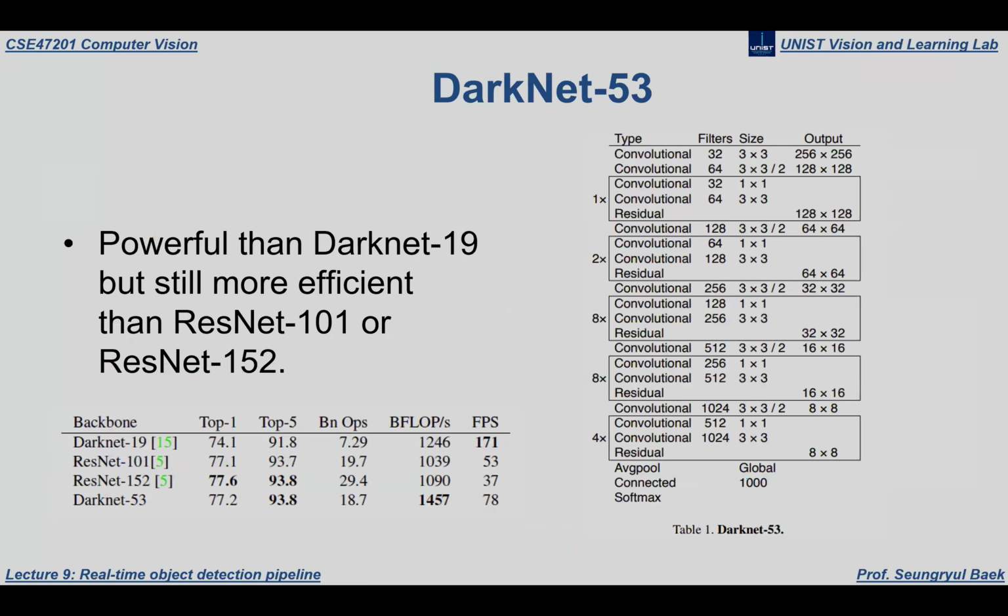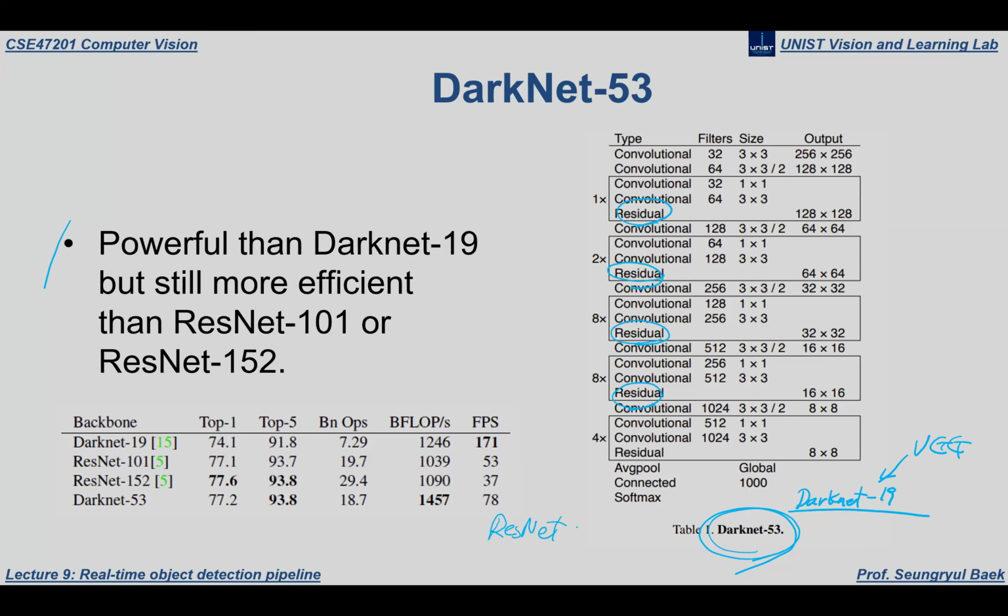Also, compared to YOLO version 2, which uses Darknet 19, the advanced version of VGG, YOLO version 3 uses Darknet 53, which is similar to ResNet 50. Here you can see that in the middle of the network there is a residual connection.